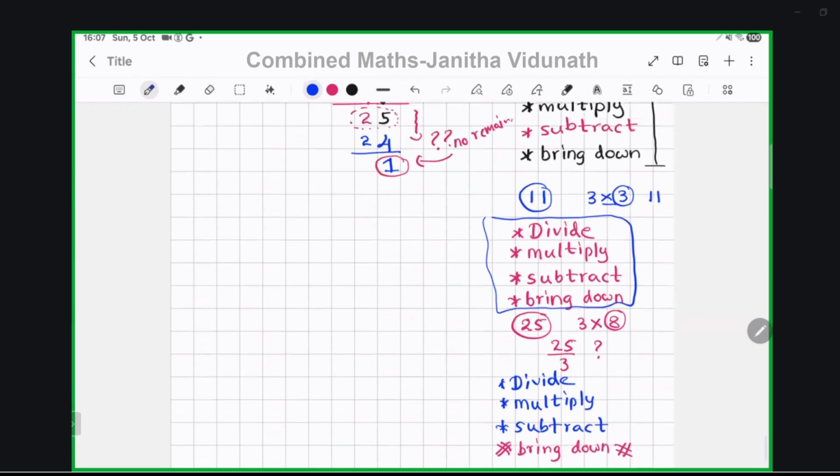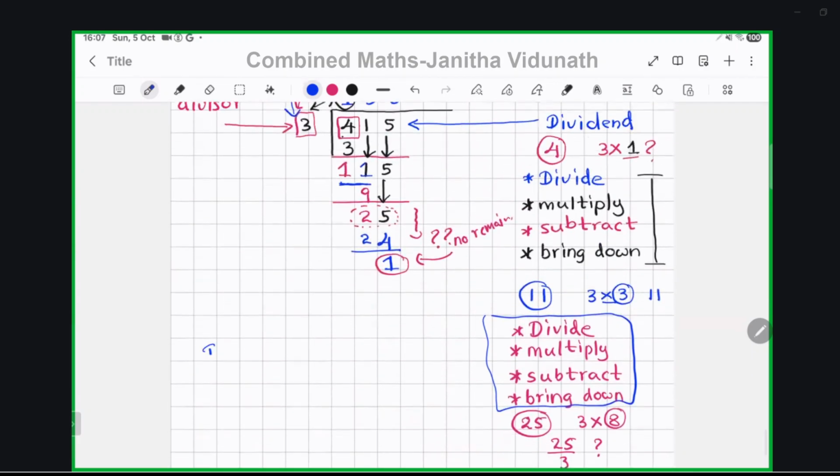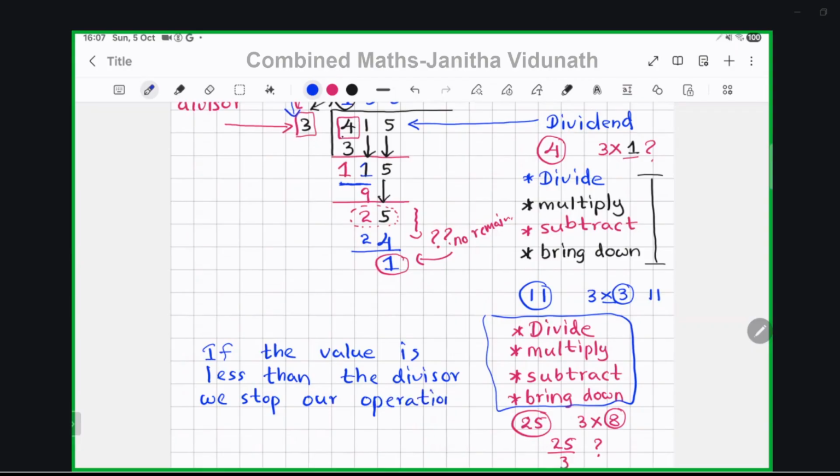That means if the value is less than the divisor, we stop our operations, or we stop our steps.